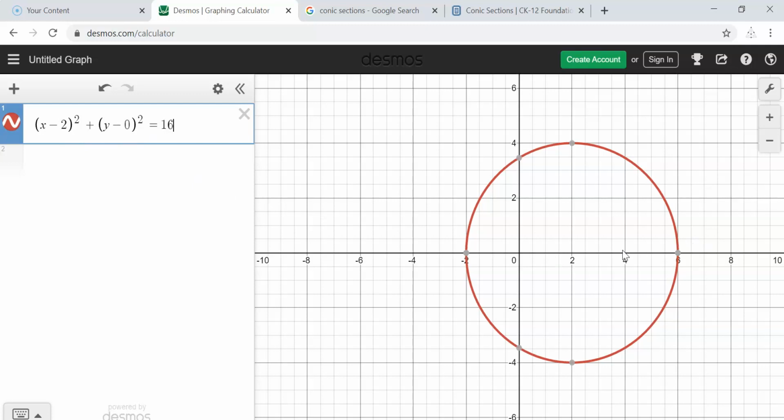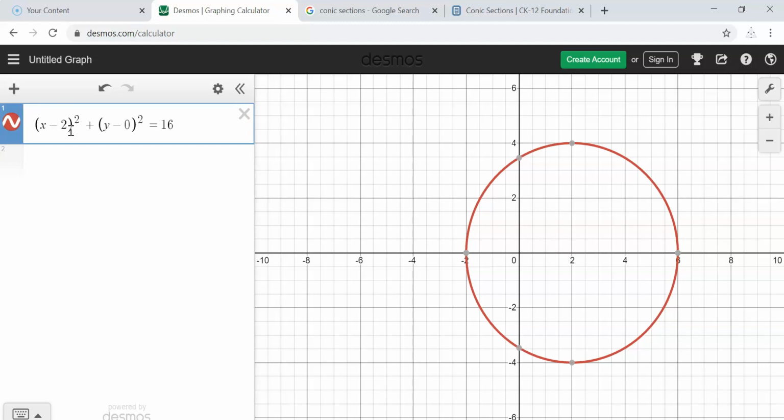So the center of the circle is at the point (2, 0). The radius is 4. Hopefully we all know what the radius is. That's the distance from the center to any point on the circle. And so you see the distance from (2, 0) to (6, 0) is obviously 4. So that's the idea there.